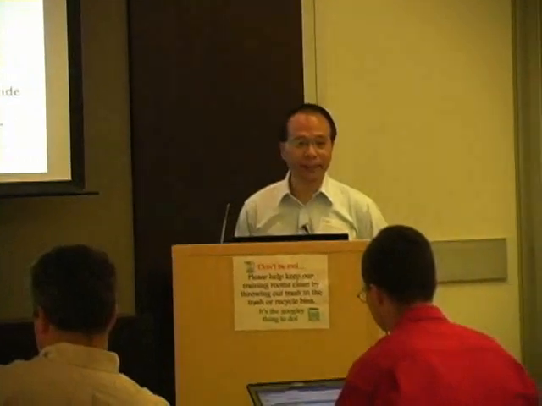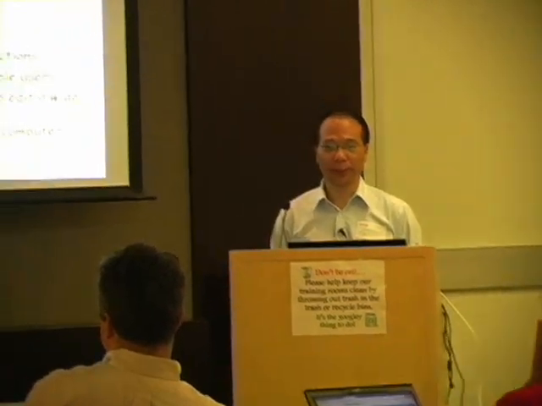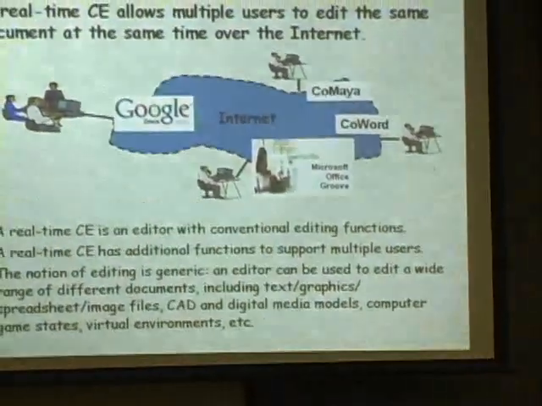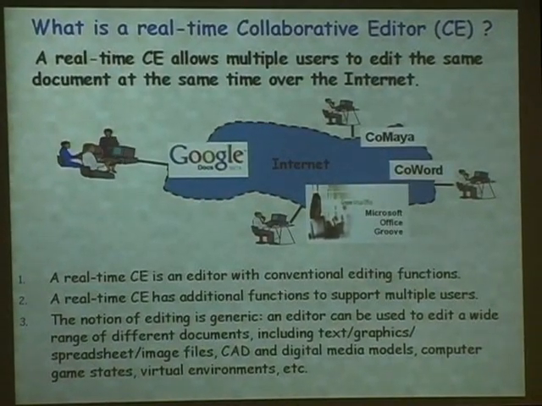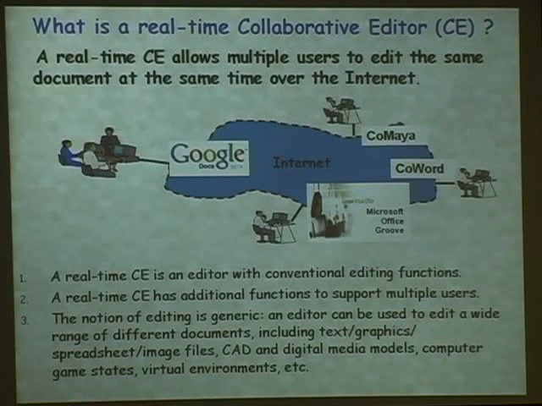And finally, the notion of editing is generic in this context. An editor can be used to edit a wide range of different documents, including text, graphics, spreadsheets, image documents, and also CAD, digital media design, digital media models, computer game states, and virtual environment states.